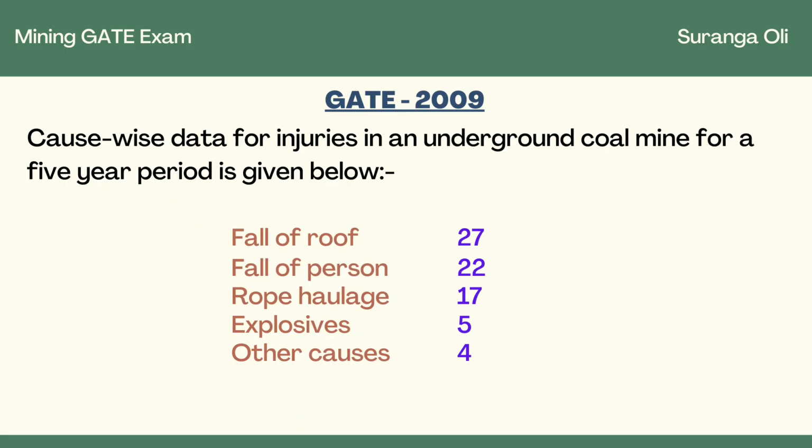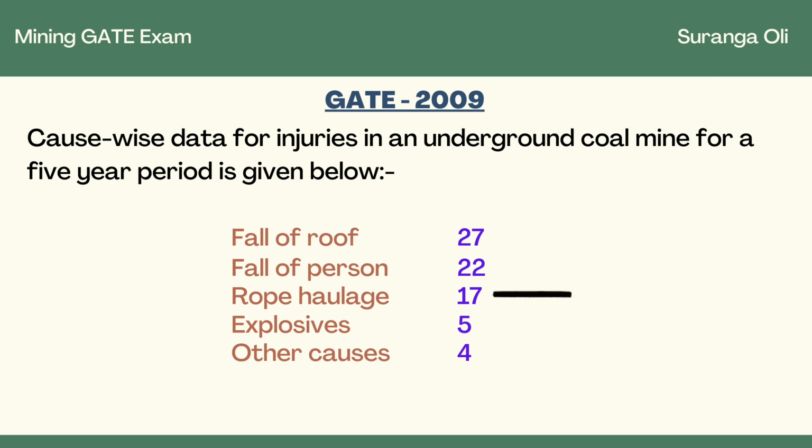Let's take a similar question from GATE exam for mining engineers 2009 paper. The cause-wise data for injuries in an underground coal mine for a 5-year period is given below. Fall of roof, 21% got injured. Because of fall of person, 22 persons got injured.